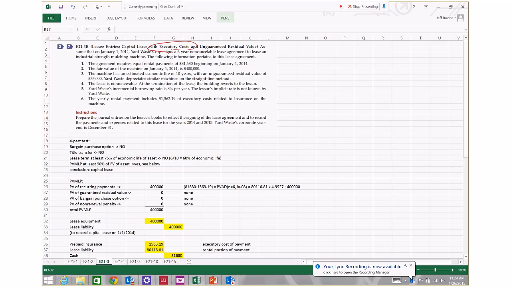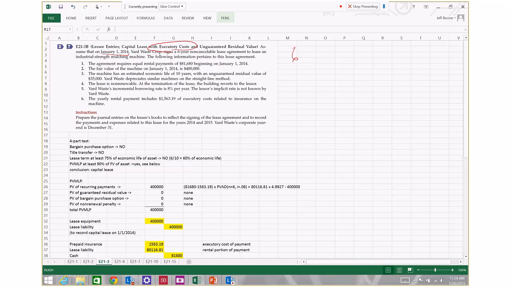Okay, so here we are. We've got Yard Waste Corp as the lessee. They enter into a lease agreement on January 1st, 2014. We've got a 6-year lease term, and we're leasing a mulching machine.